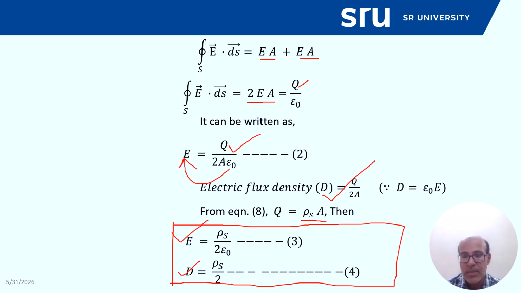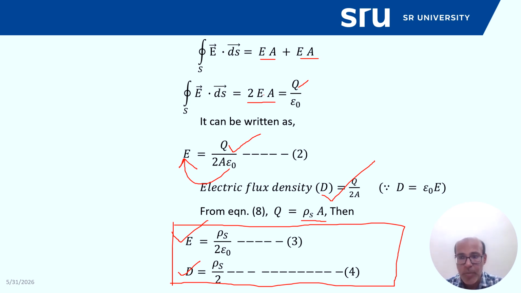If you know rho s, then even if it is infinite, it is the same. Finite or infinite doesn't matter. Essentially it is how much charge is spread across a given unit area that matters the most.